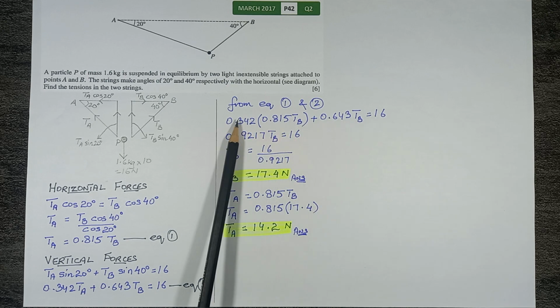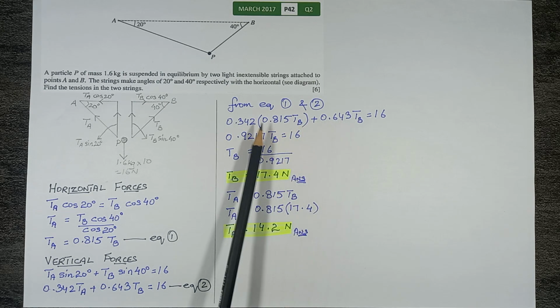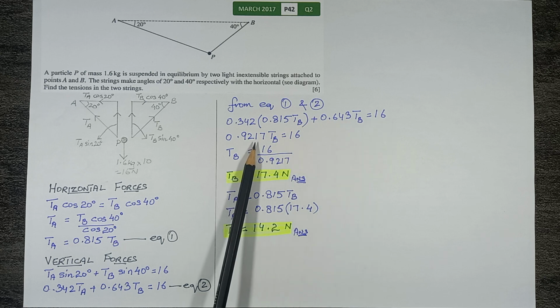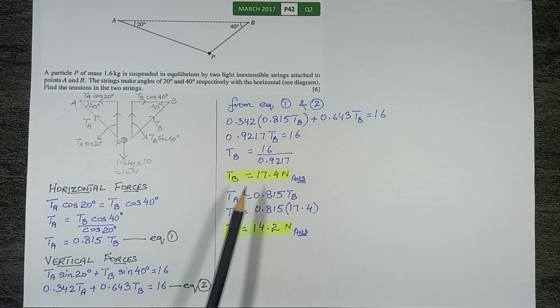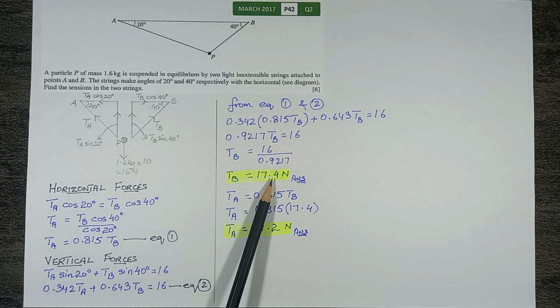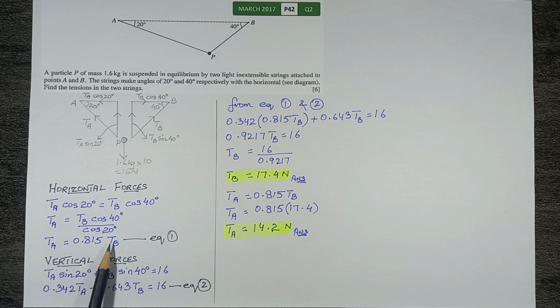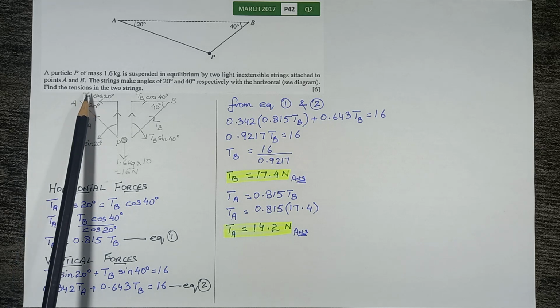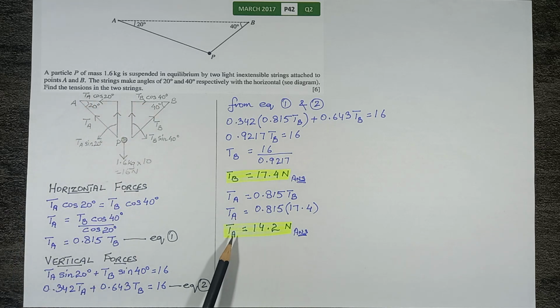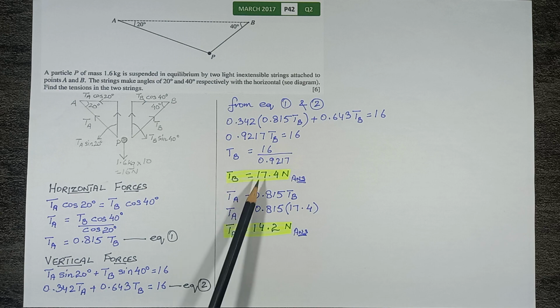Now we have a complete equation in terms of TB. After simplification and division, the value of TB is 17.4. Placing this value of TB in equation 1 and multiplying it by 0.815, we easily get the value of TA. That is the requirement of the question, to find the tensions in the two strings, and we have found the values of TA and TB.